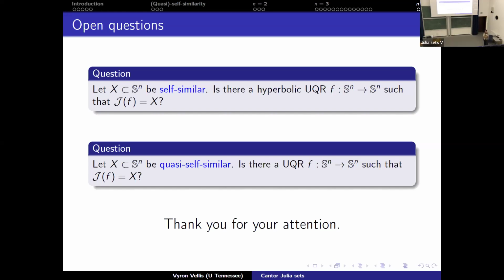Still, that's still not the same, but it is separated. So when you say this coding map, you mean that this coding map is a bijection. I very much like this whole thing, but it's a little bit confusing because people generally know that the most interesting Cantor sets are the ones with overlapping cylinders. When I say self-similar, I mean the attractor of an iterated function system with the open set condition and similarities. Okay.